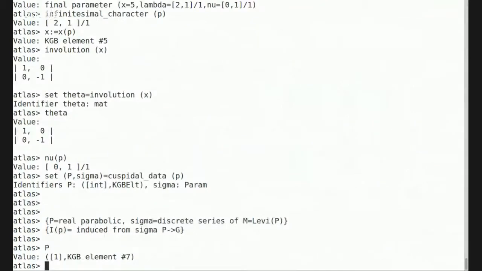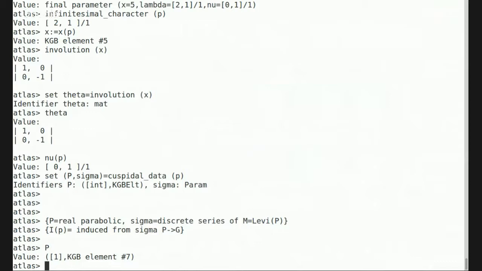Okay, so what is P? Well, P is a little bit strange. It's this pair. It's a sequence of integers and a KGB element. I'm not going to get into the details of this. There are notes on the website about it, but suffice it to say that this is a generalization of a Borel, and the main point is that this one is telling you the Levi factor.